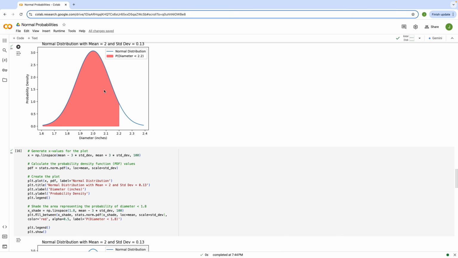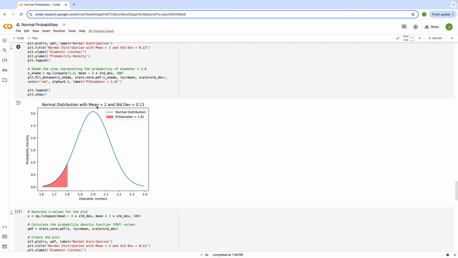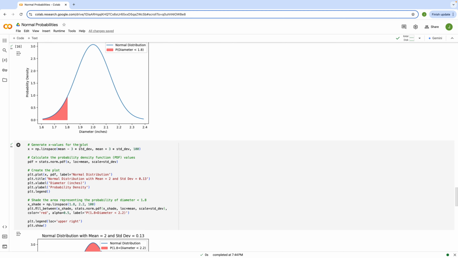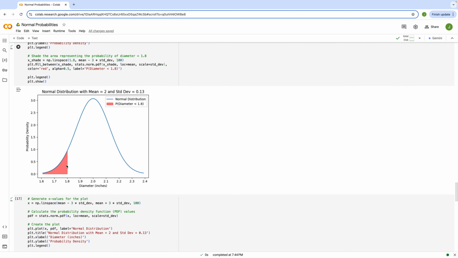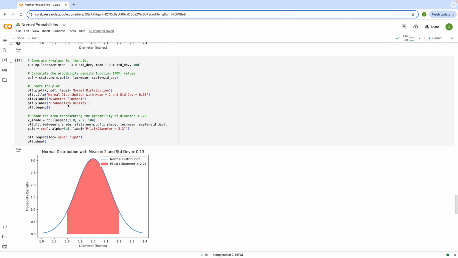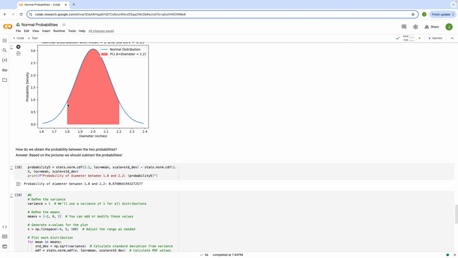What should I do with these two areas to get things between 1.8 and 2.2? Well, if I look at this graph, this gives me everything less than 2.2. This gives me everything less than 1.8. To get the desired probability between 1.8 and 2.2, I just need to subtract this probability or area from this, and I get what's between it.